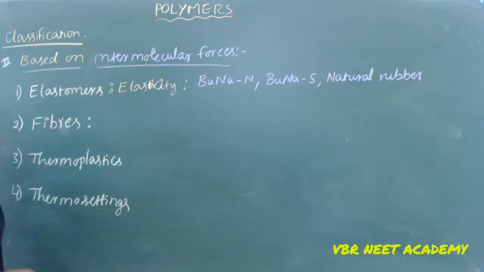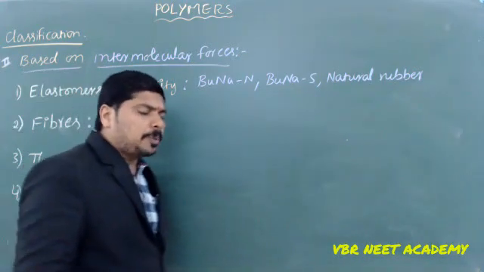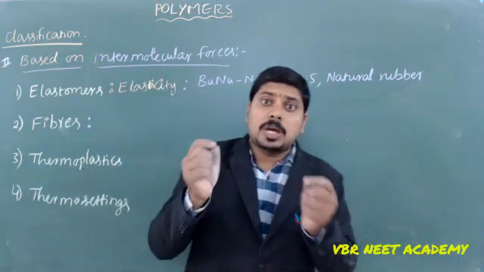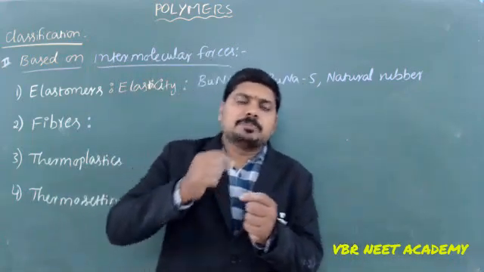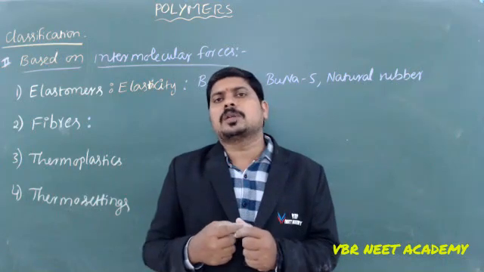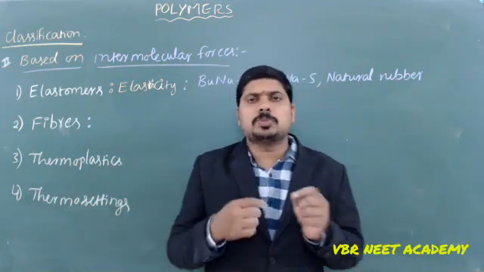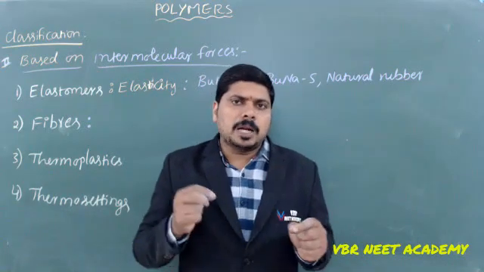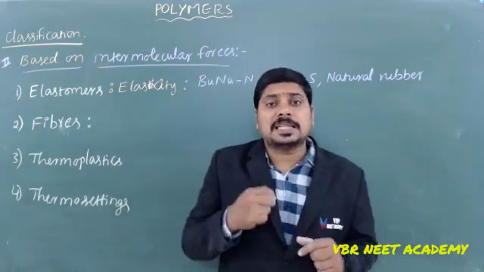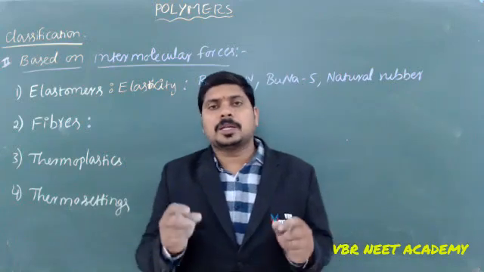Next, fibers. Fibers are the polymeric chains which are going to have much more intermolecular forces. These intermolecular forces are going to provide more modulus and more tensile strength for your particular polymer.